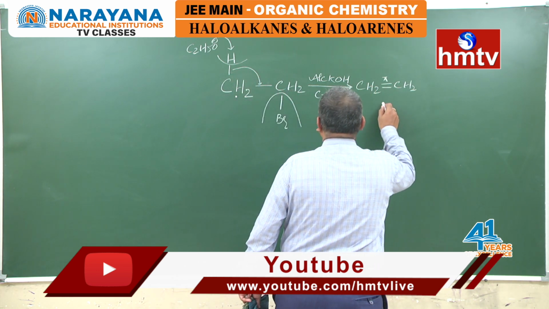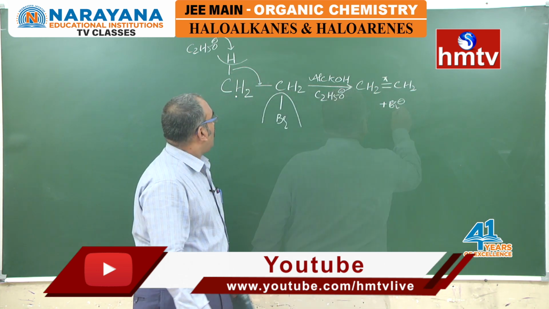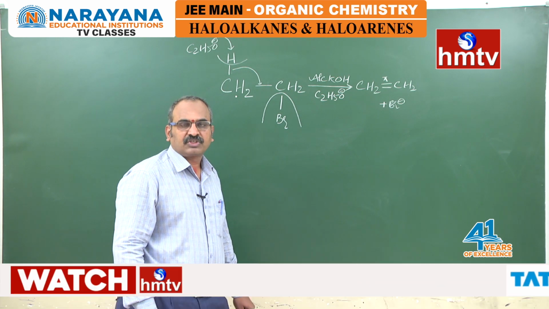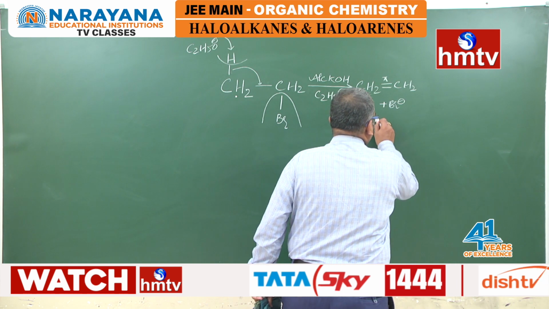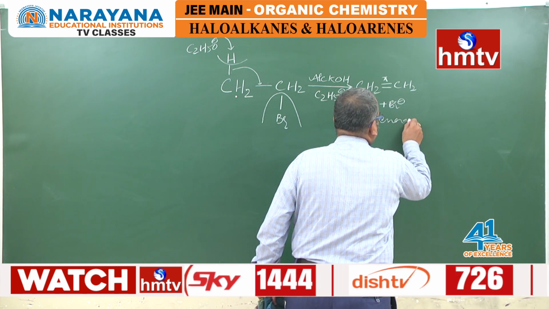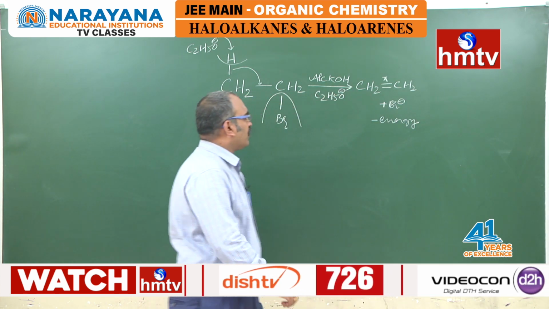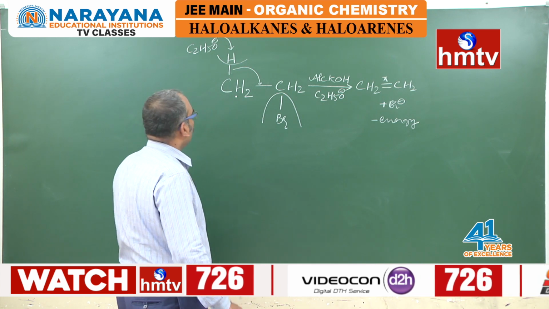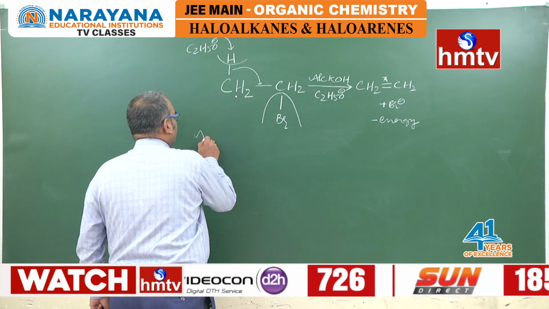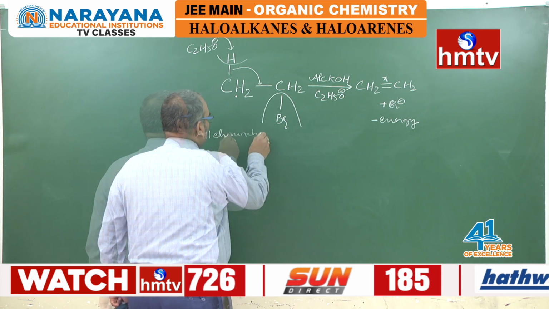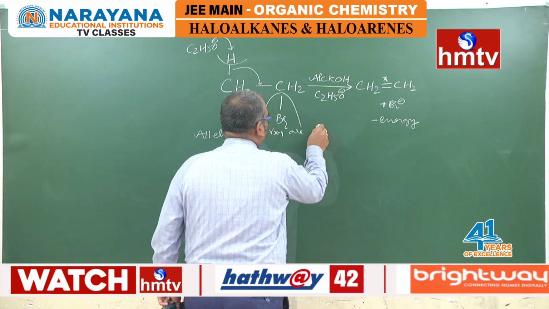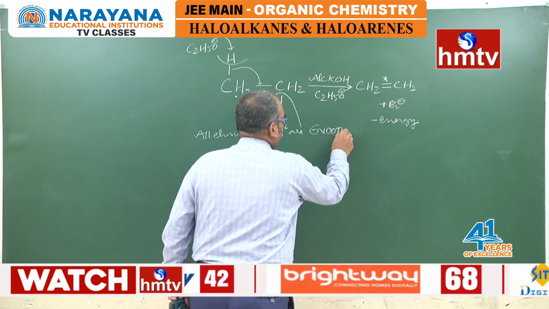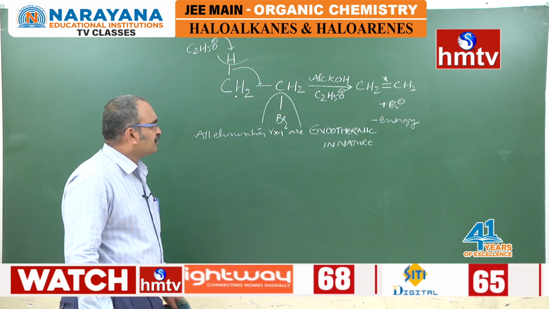Since a sigma bond has converted into a pi bond, and a sigma bond is stronger than a pi bond, a strong bond is broken and a weak bond is formed, which means energy is consumed in the reaction. I am writing energy on the product side, so energy is consumed. So all elimination reactions are endothermic in nature.